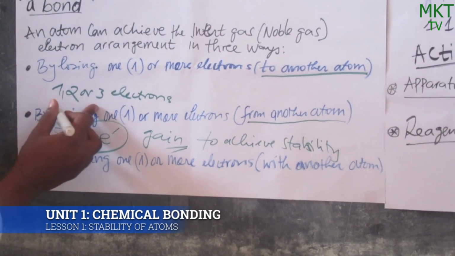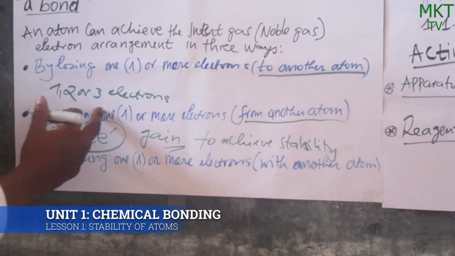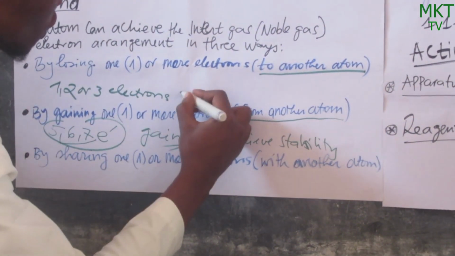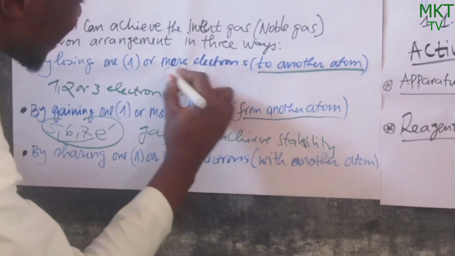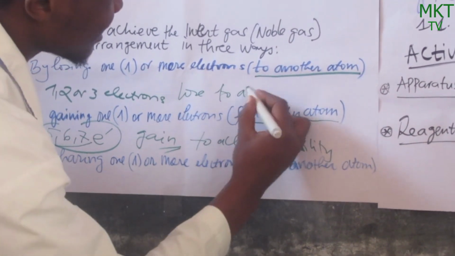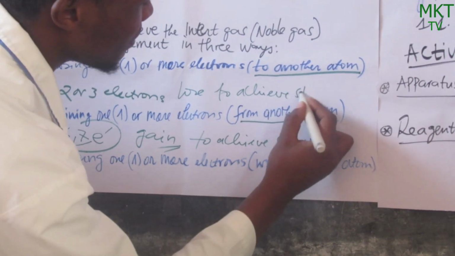The other atom loses 1, 2, or 3 electrons, and so also achieves stability.